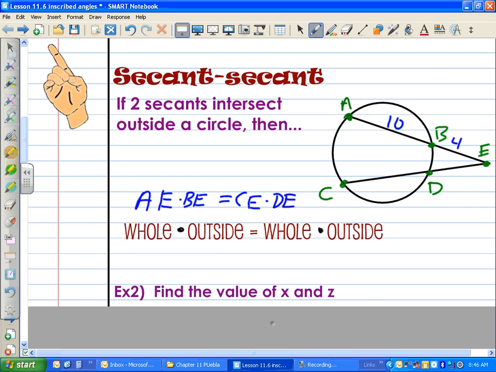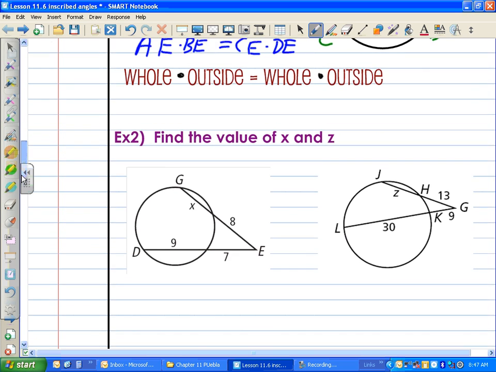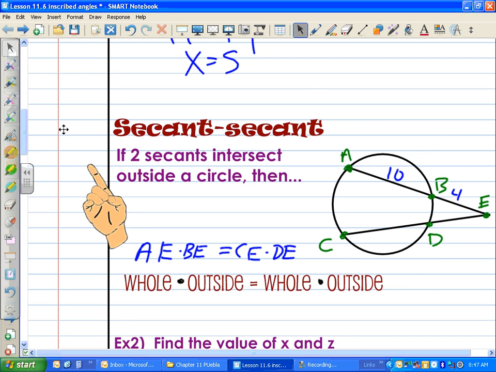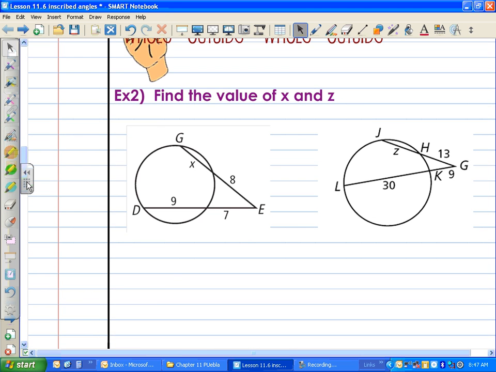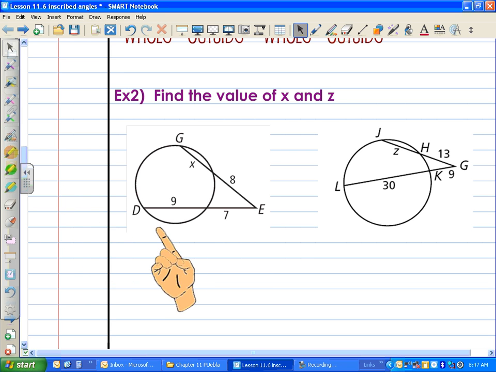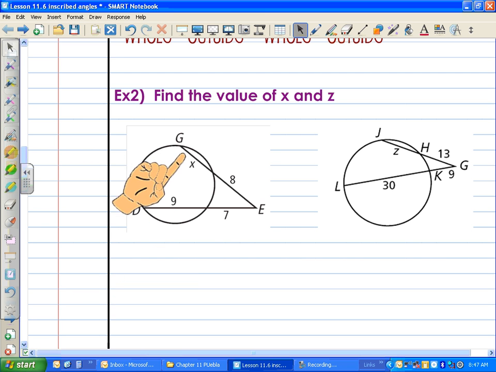Go ahead and try to use that same technique I just showed you. But they're on the inside. Yeah, you're right. Let's look at one of them. To do secant, secant, it's the whole times the outside.